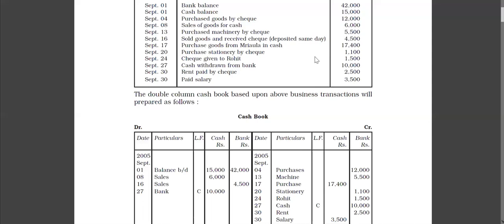What comes in is debit according to the real account rule, so cash account debit to bank. According to the nominal rule, debit the receiver, credit the giver. Who gave the money? Bank. So cash account debit to bank account. This is called a contra entry, because both columns are affected at the same time in a different way.